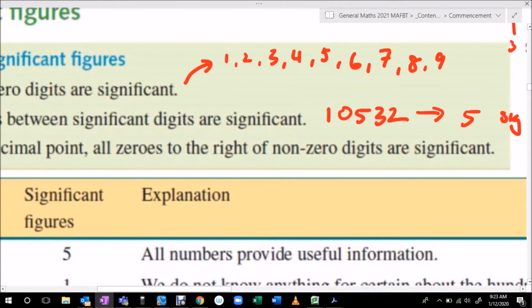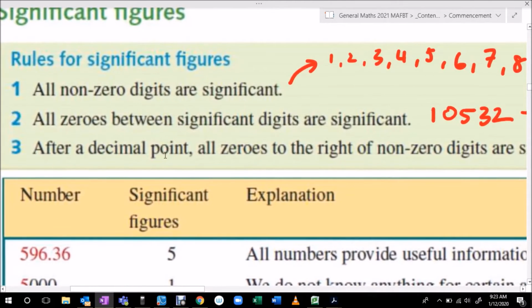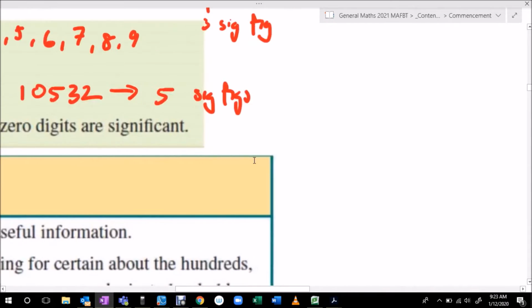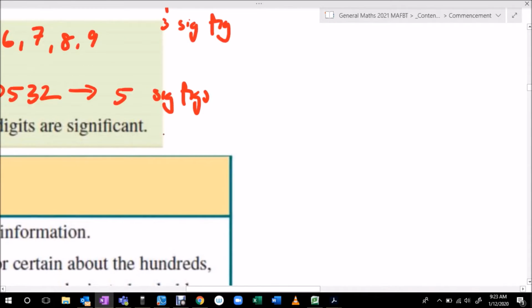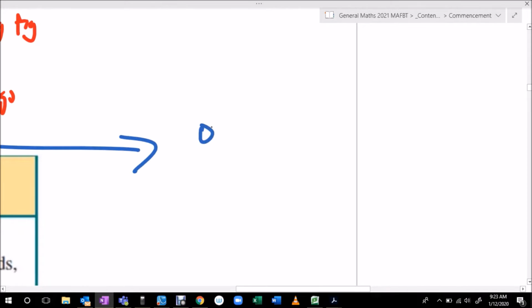Next one here, and these are the 3 main things you need to know. After a decimal point, all the zeros to the right of a non-zero are significant. This sounds a bit crazy, but this is what we mean by that. Let's say you have 0.32000. How many significants are in here?